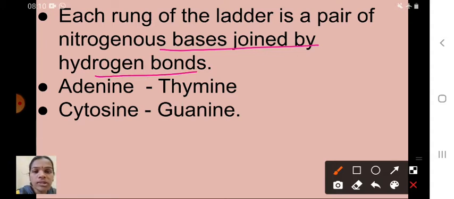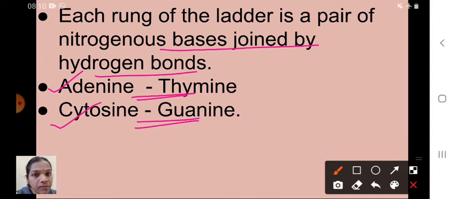So the nitrogenous bases are joined with the help of which bonds? Hydrogen bonds.